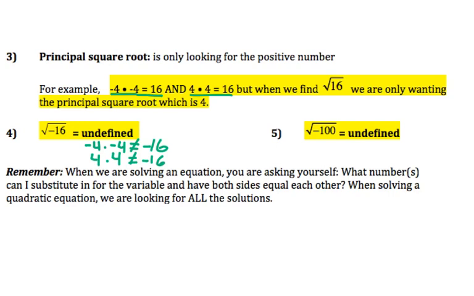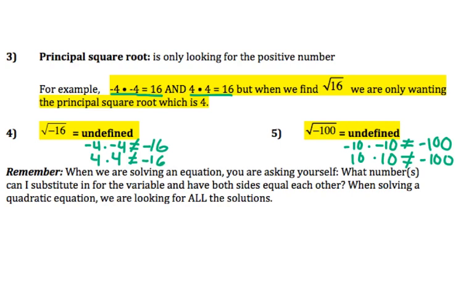And it's not an isolated situation. If we look at number 5, we have the square root of -100, which is also undefined. This is because of the same situation: -10 times -10 does not equal -100. It equals a positive 100. Or 10 times 10 would also give us a positive 100, not -100.